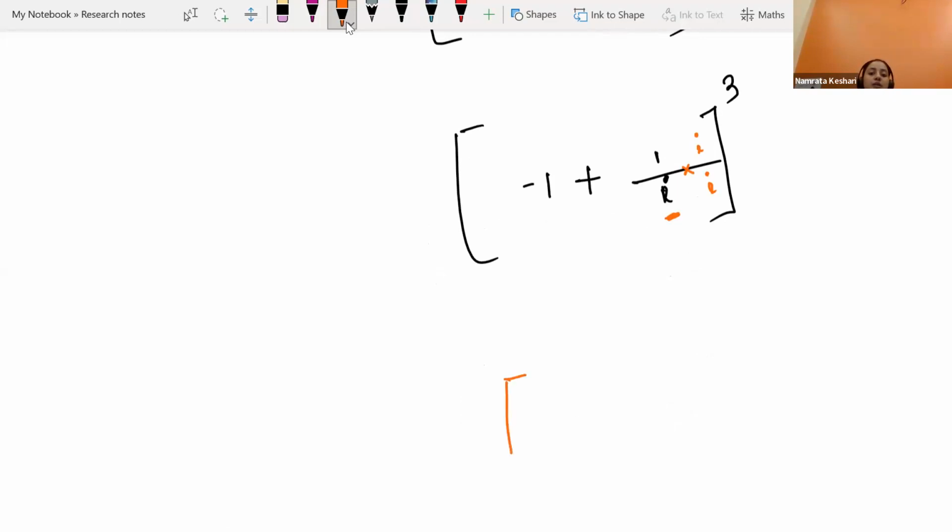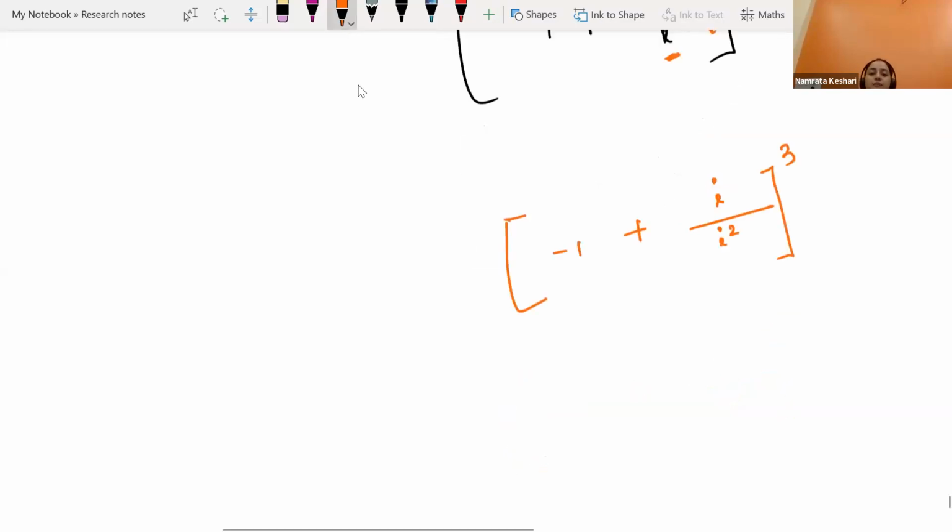This way we make i square in the denominator and just i in the numerator. The denominator's i square will be minus 1, and we are left with minus 1 plus, denominator is minus 1 over here, and here just i, whole cube.